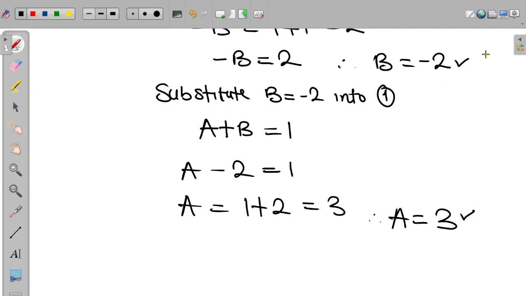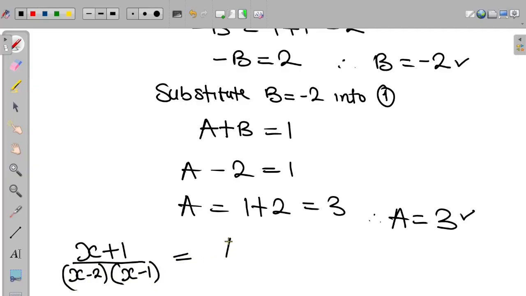So from our compound algebraic fraction, we have that (x + 1) all divided by (x - 2) enclosed in the bracket multiplied by (x - 1) is resolved to A divided by (x - 2) plus B divided by (x - 1).